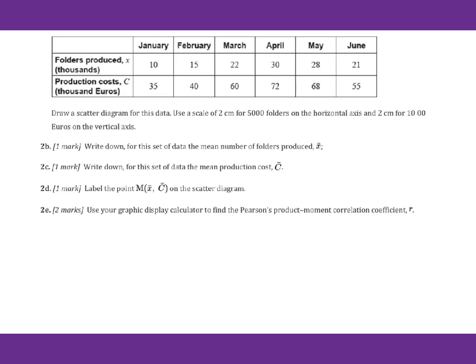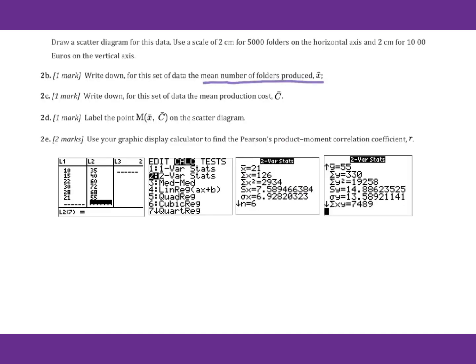Write down for this set of data the mean number of folders produced, X bar. So you put your data into this stat, L1 and L2. Then go to calculate 2 variable statistics. You will get this X bar, that's 21. For this C bar, that's 55.